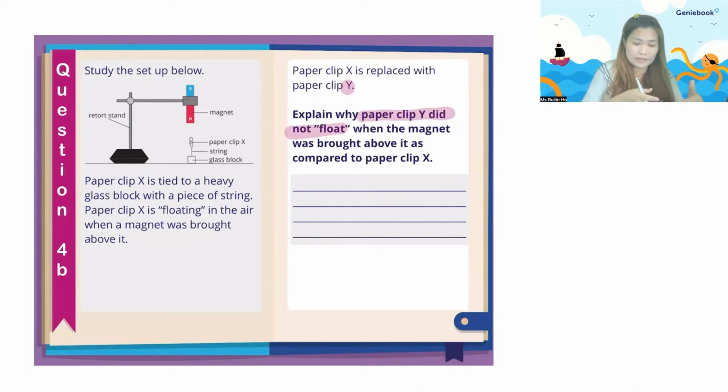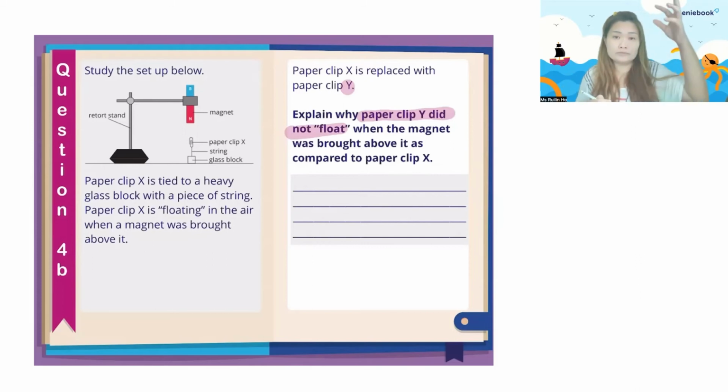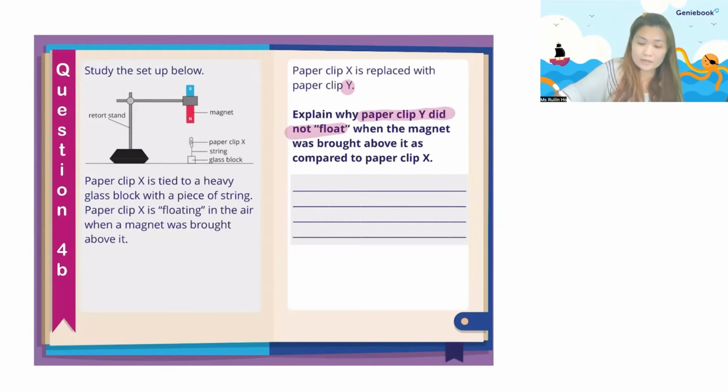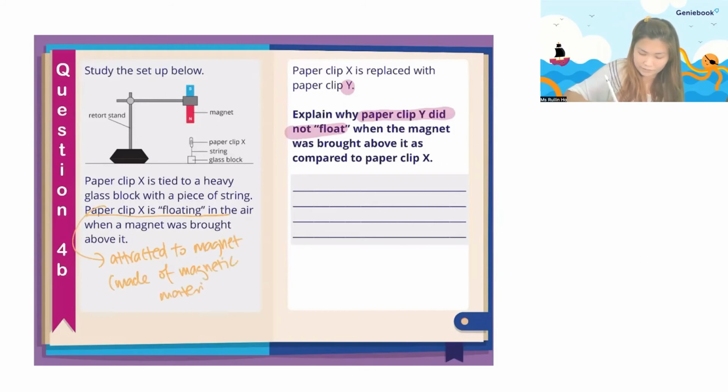Initially, if you look back at the very first part, we understand that paperclip X was able to float because it was being attracted. So we're going to put down here: paperclip X floating because it got attracted to the magnet because it's made of magnetic material. But this time round, paperclip Y didn't float.